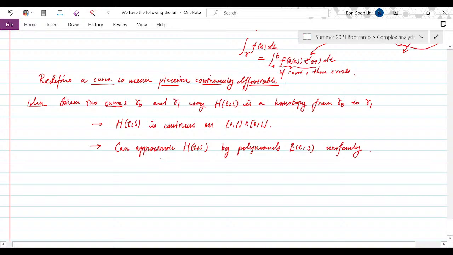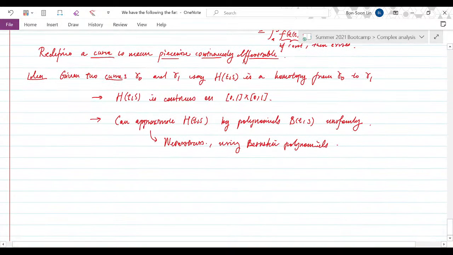So this is the Weierstrass theorem. And the reason why we'll use B is because we can do this with Bernstein polynomials. Let's see, how are we going to define this?